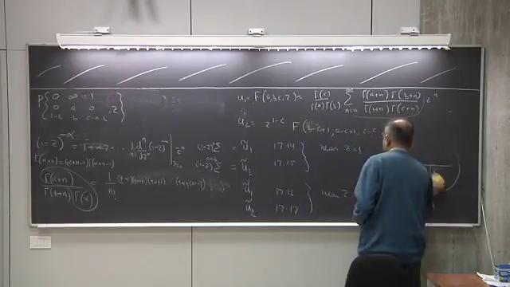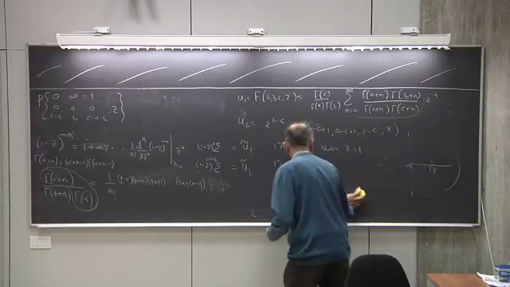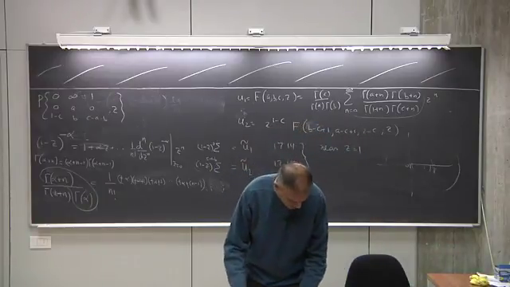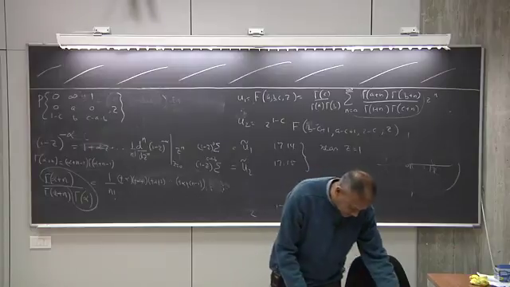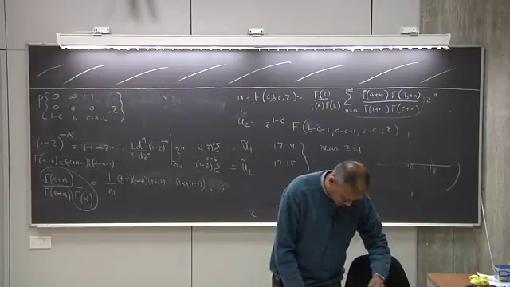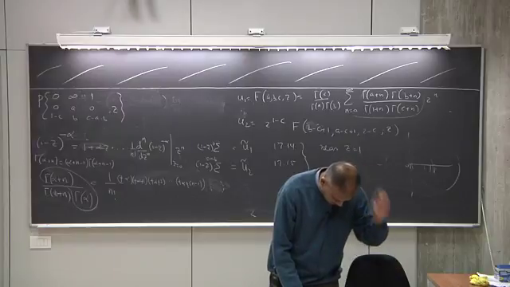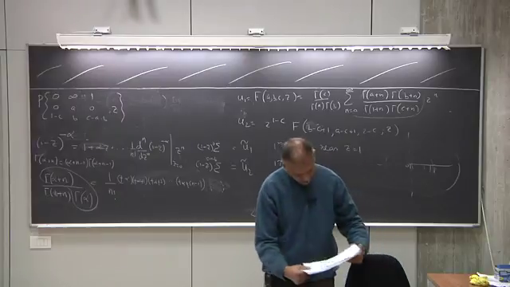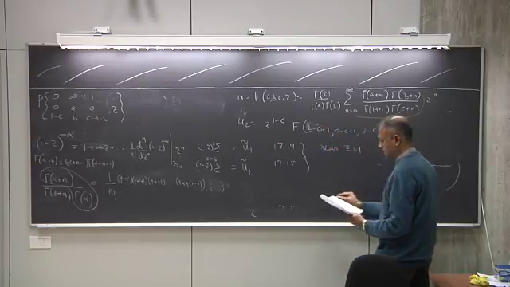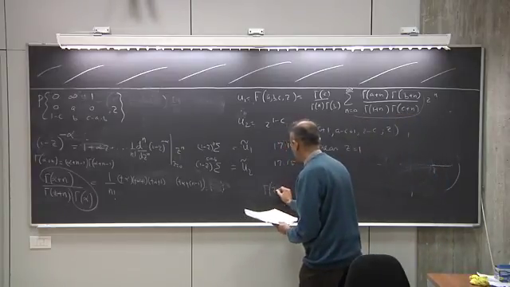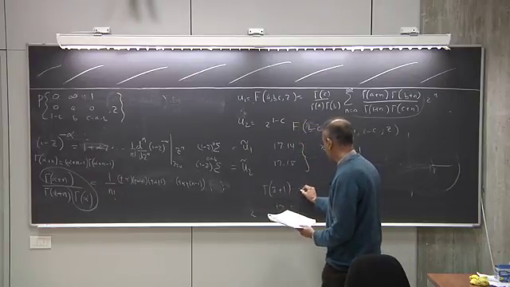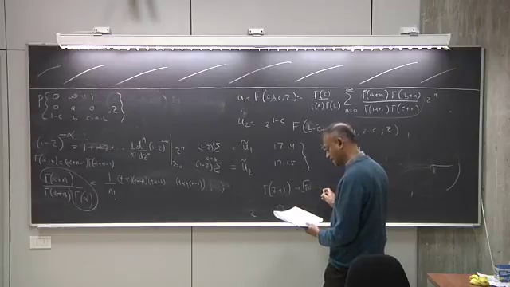So let's remember what the Stirling formula is. Yeah, the Stirling formula was this. Gamma of z plus 1 behaves like some constant factors, root 2 pi.